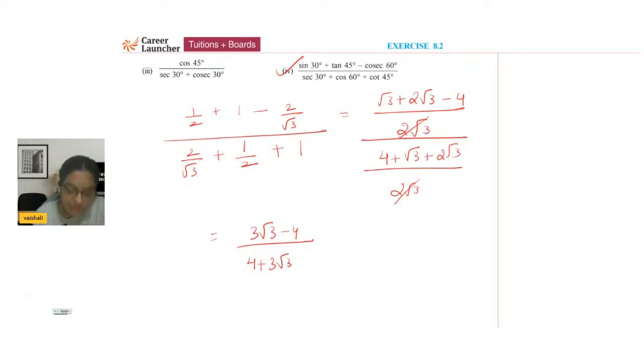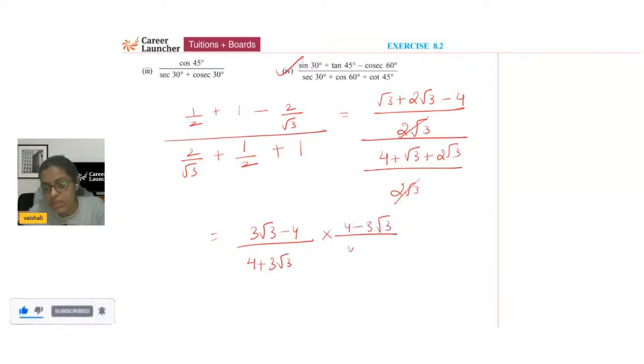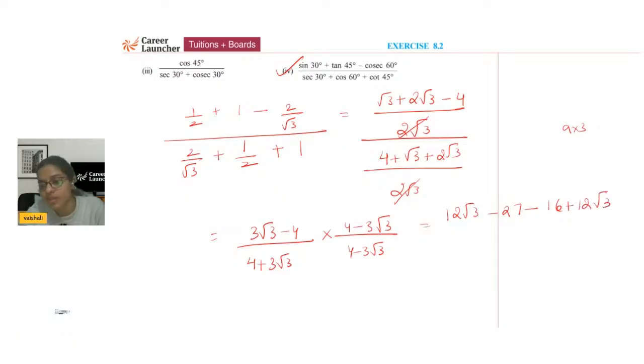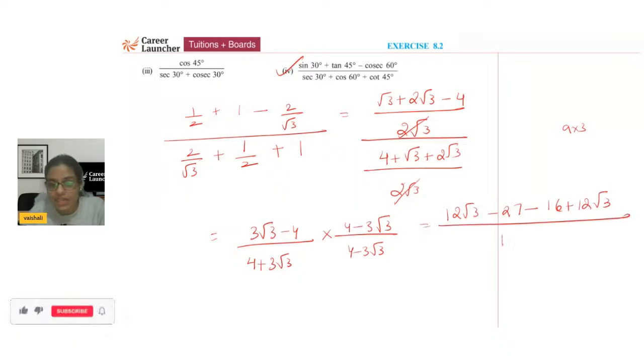Right? So now the next thing that we can do is rationalize this once again. 4 minus 3 under root 3 and once again with the same value. Now if we will multiply these two values, we are getting 12 under root 3 minus 9 into 3, which is 27, minus 16, minus minus plus. So this is 12 of under root 3 divided by a square minus b square. So this is what the expression will look like.